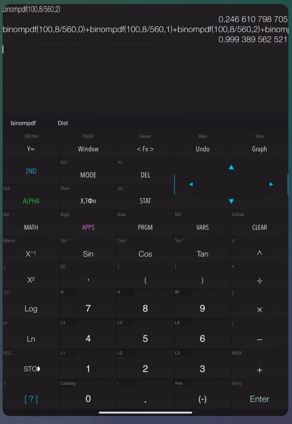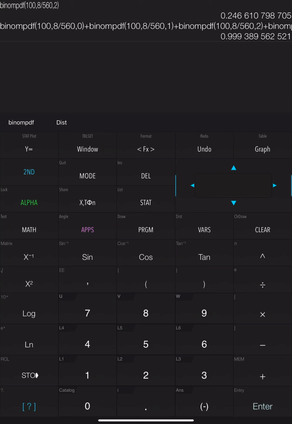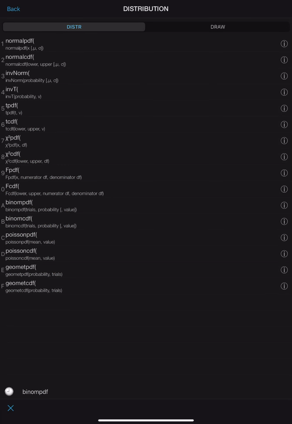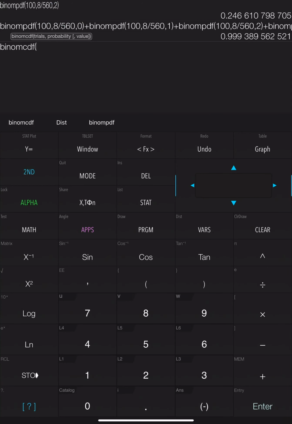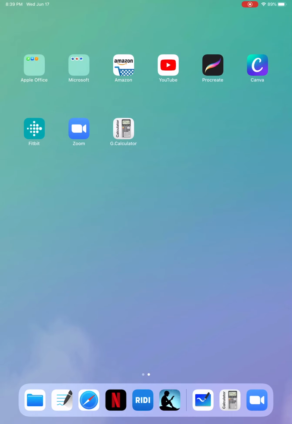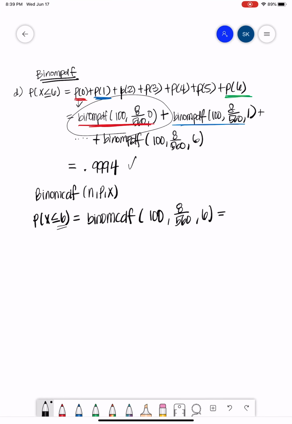On the calculator, we have second bars, and right below, you have CDF. That's the binom CDF. 100, comma, 8 out of 560, comma, 6, and you should get the same answer. 0.99389562521. So I did in fact get 0.9994. So it's a lot better, right?